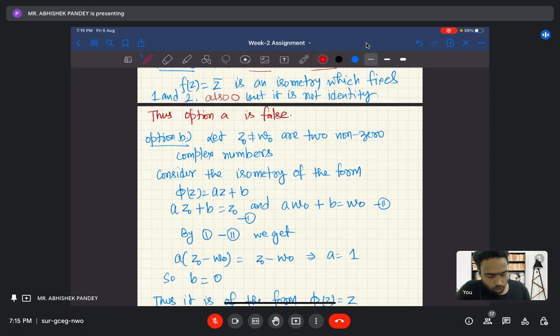Now consider the isometry of this form. We have to check it in I. Since it has to fix the origin, phi(0) should be 0, so b should be 0.